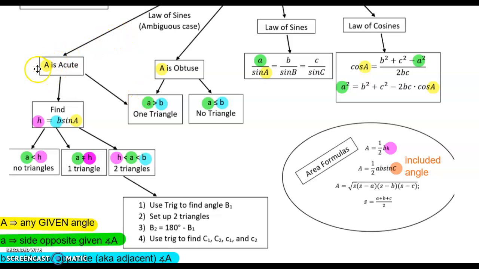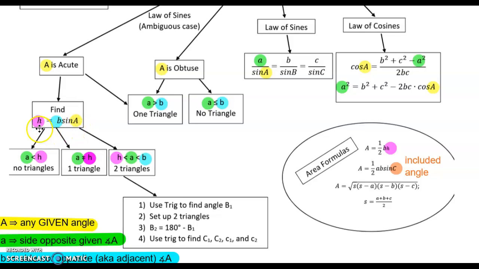If the given angle is acute, and again the side across from the given angle is greater than your other side, then you have one triangle. But if that's not the case and your angle is acute, then you need to find some more information. You need to find the height of your triangle using the formula b sine A, in other words, the side next to your given angle times the sine of your given angle.